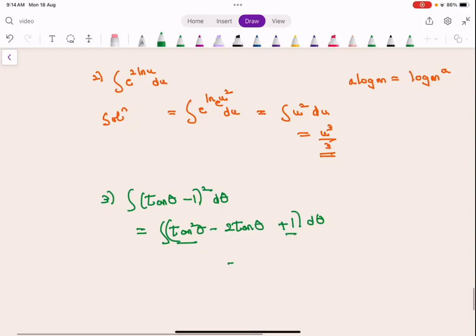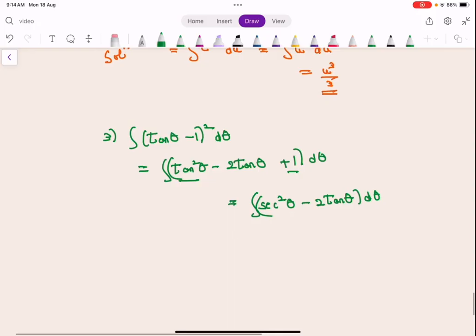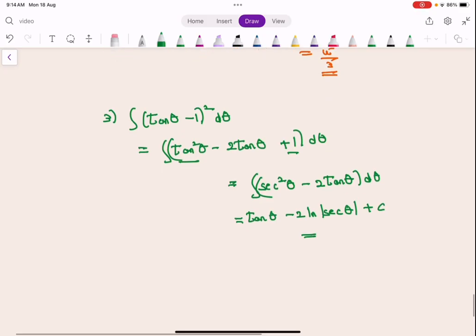Now 1 plus tan squared theta is secant squared theta, so it becomes secant squared theta minus 2 tan theta d theta. Integral of secant squared theta is tan theta, so it is tan theta minus 2 times integral of tan theta, which is log mod sec theta plus c. So this will be your solution.